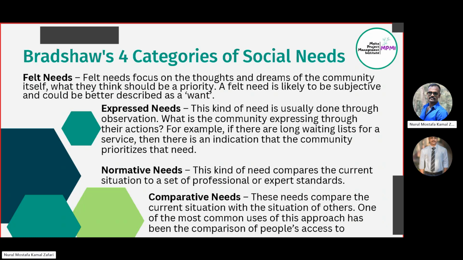Normative needs means seeing a need against an expert standard or a professional standard. For example, in an agricultural community, it is expected that from each hectare, as per the set standard, one farmer can produce 100 kgs of rice, but the farmers of a specific locality can produce only 40 kgs or 60 kgs.